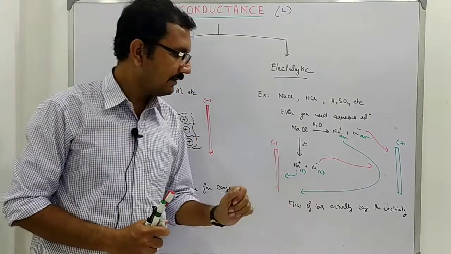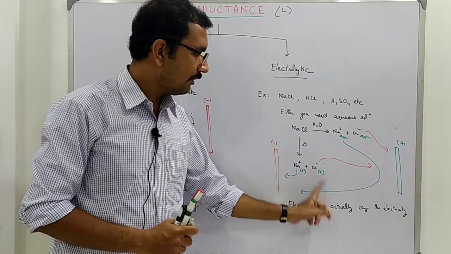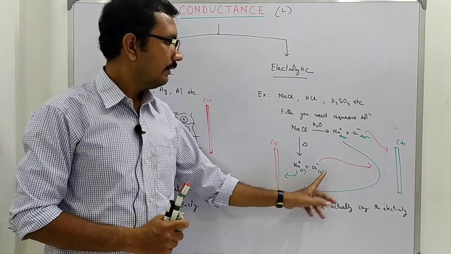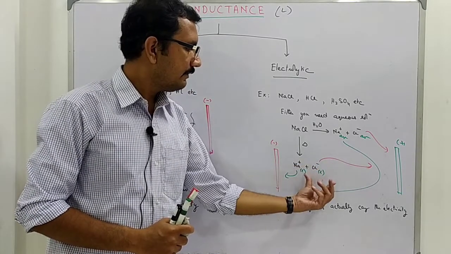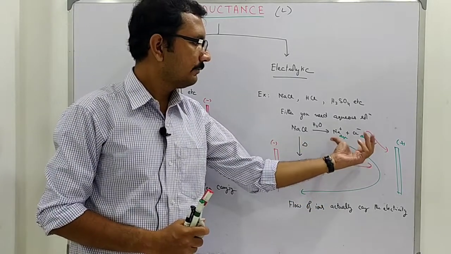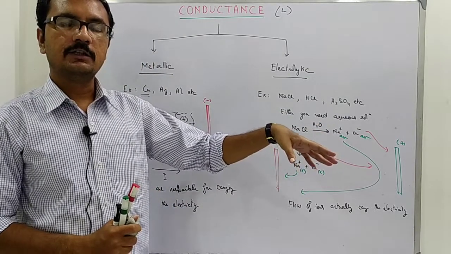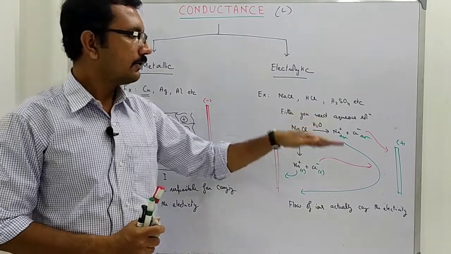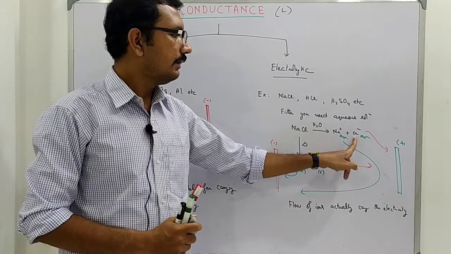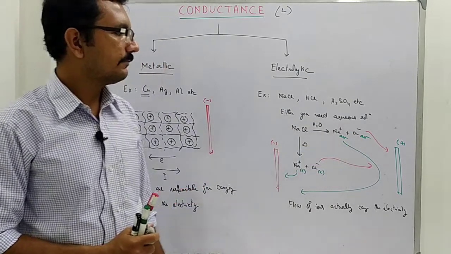And here what happens? Here the ions are solvated, and here it is in liquid form. Now, in case of solvated ions, the viscosity of the solution will be the source of the resistance for this conductor.